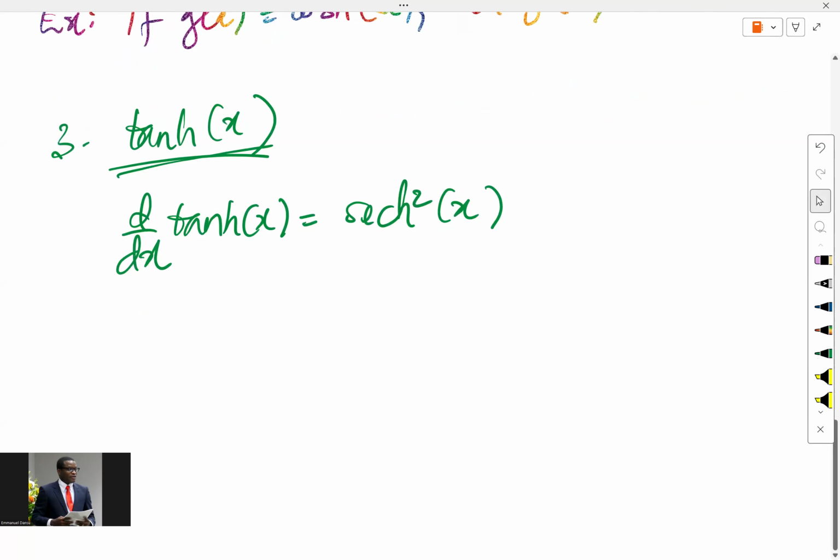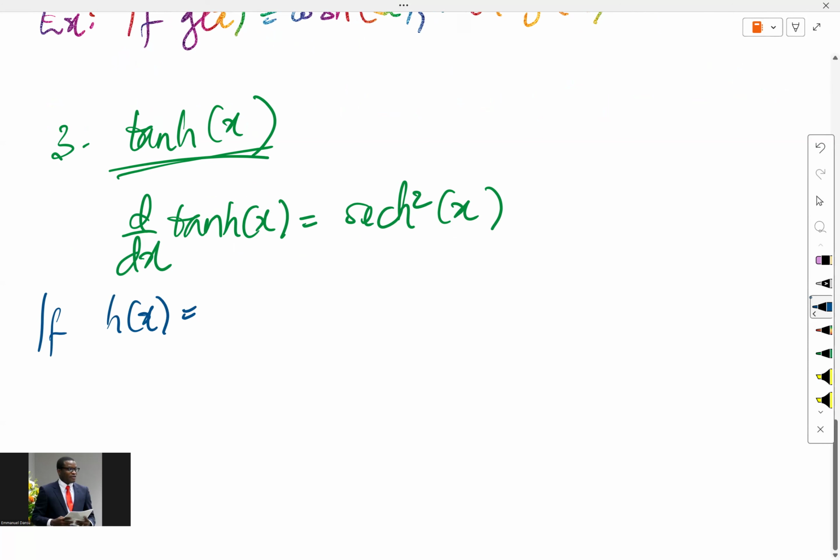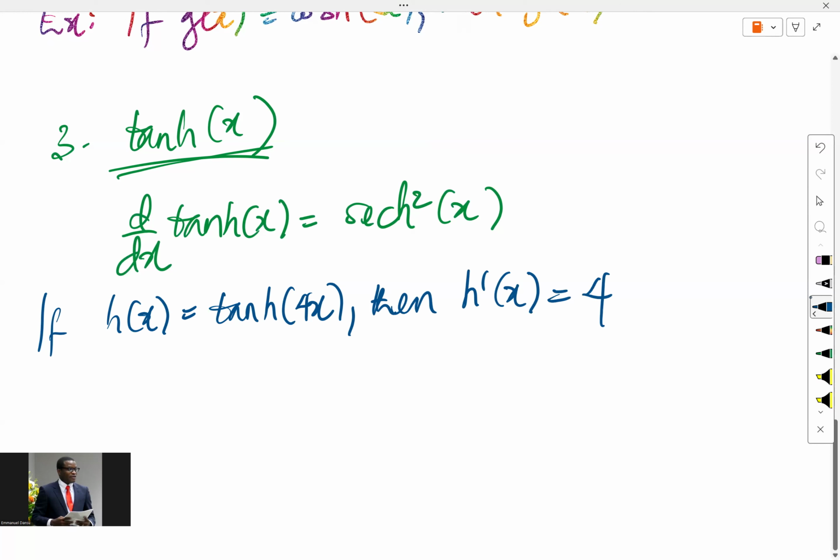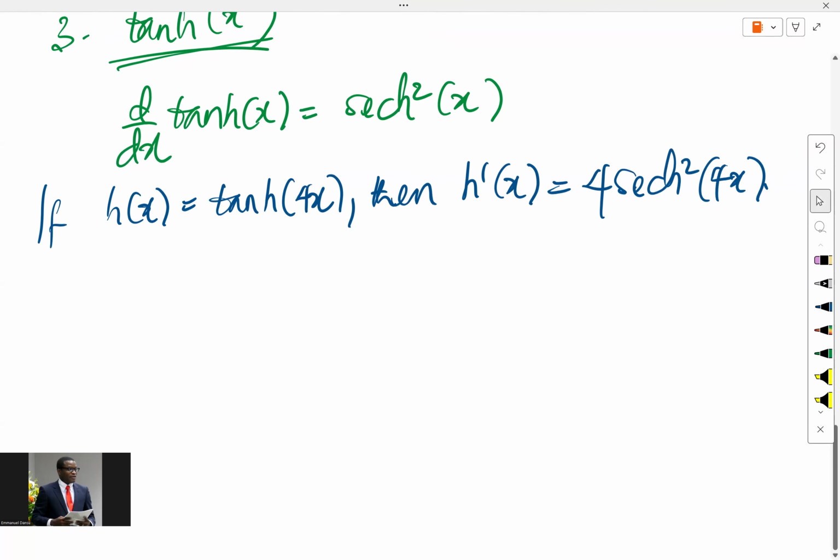So if h of x is equal to tanh 4x, then h prime of x would simply be 4 sech squared 4x.